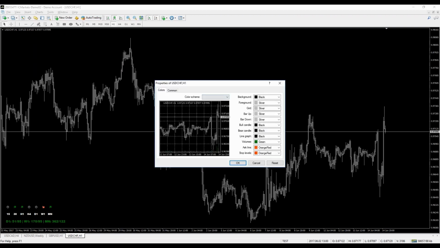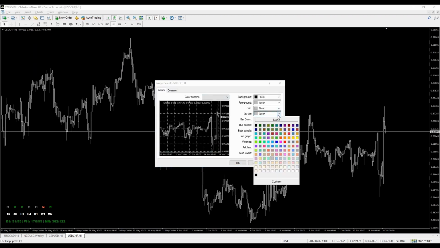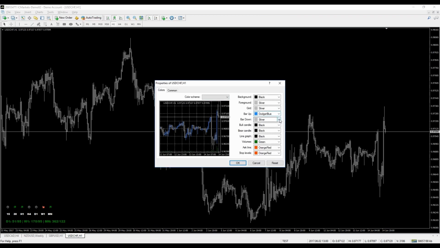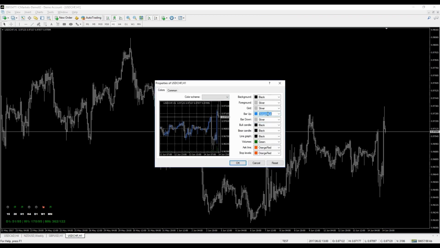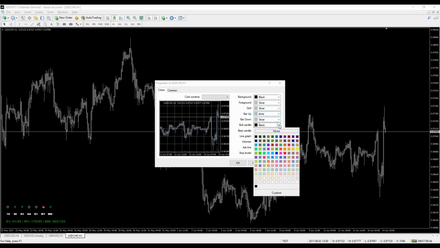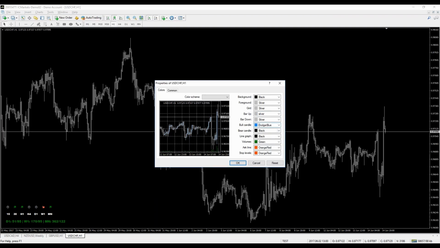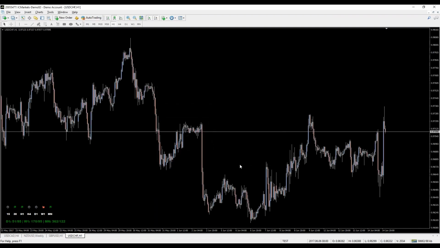I was fiddling with my template today and things got a little bit funky. Bull candle, blue, bear candle, tomato. There we go, it's nice and discreet, good.